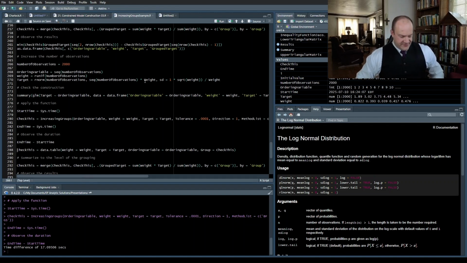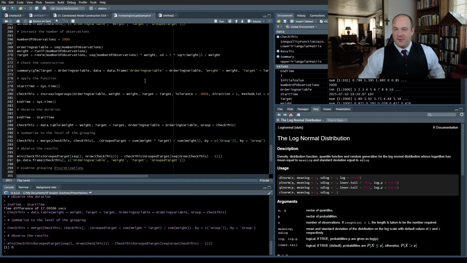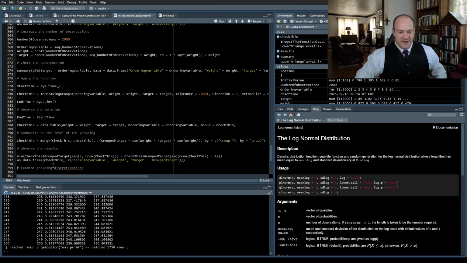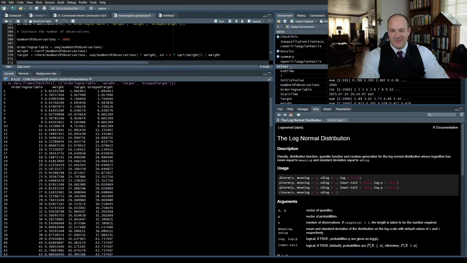And you can go through the same process. You can look at the minimum difference among the values. It's 0, so that's good. We can't look at all 2,000 records, so we'll look at the first 250. Again, ordering variable, weight, target, and there you go. It's all increasing.